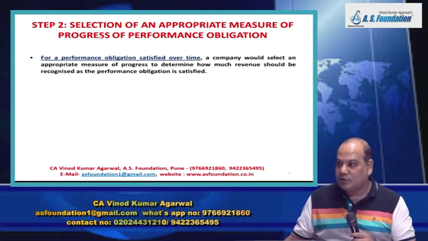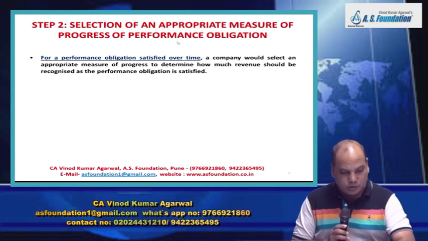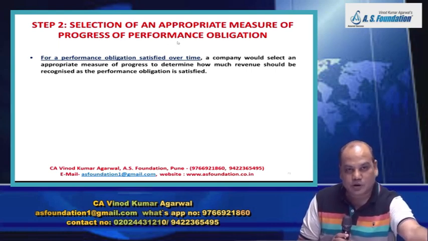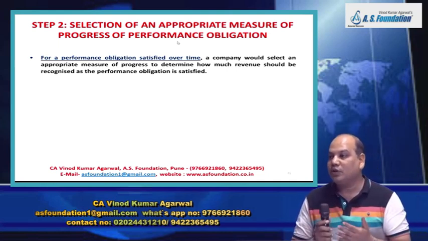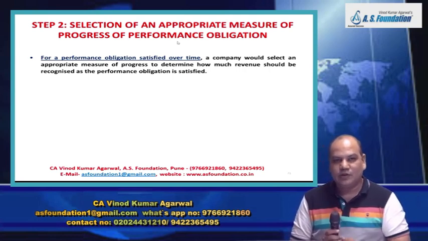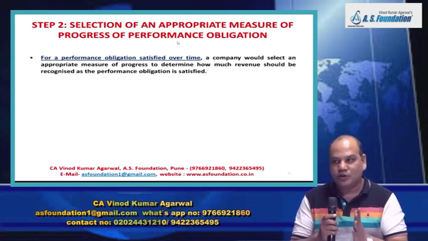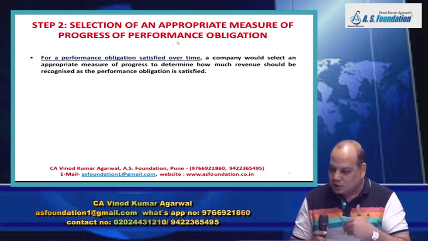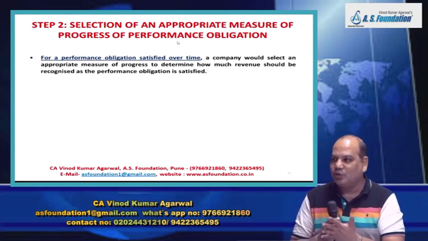Now, in case you have to recognize revenue over a period of time, then what you have to do? You have to measure the progress of the performance obligation. Because otherwise, how will you recognize revenue? If the client says we'll give you 10 crore rupees if you construct this building, how will that 10 crore rupees be allocated?